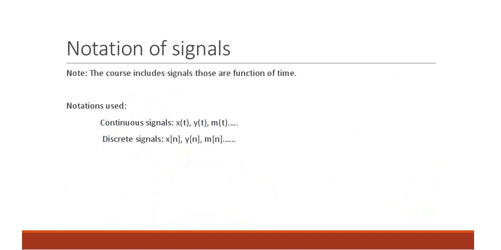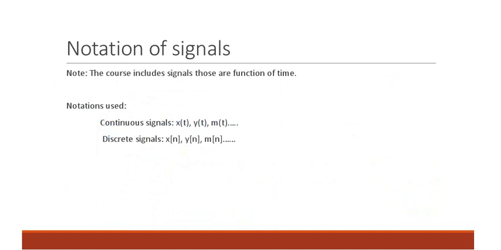Before we stop today's introduction session, I want to highlight certain aspects of the course. As we have just seen, we have one-dimensional signals, and we have two-dimensional, three-dimensional, or multi-dimensional signals. But in the course, we'll be restricting our studies to only single-dimensional signals.